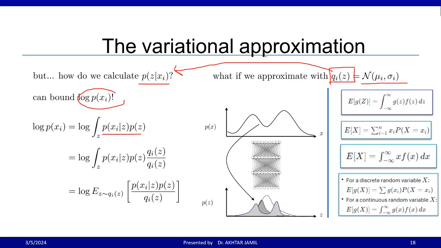चूँकि estimation है, we can just assume that this is a normal distribution, and we are trying to make it very much similar to what the p of z actually given x of i है.